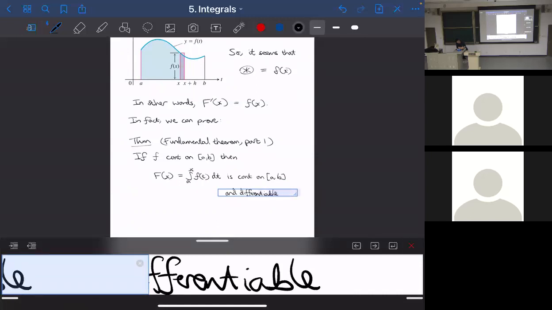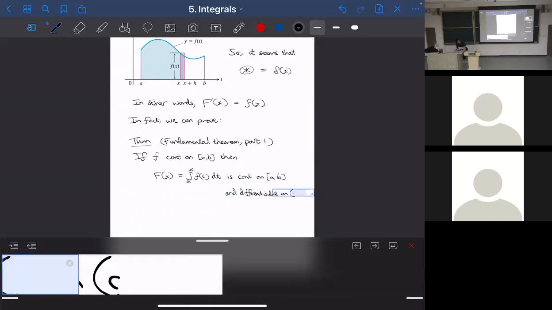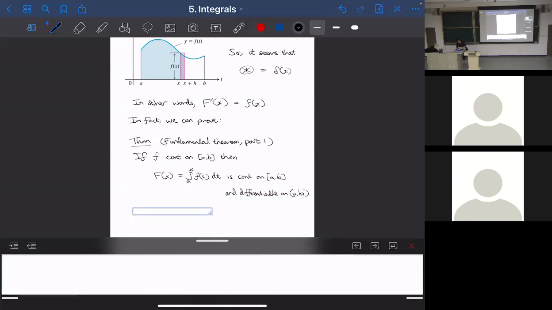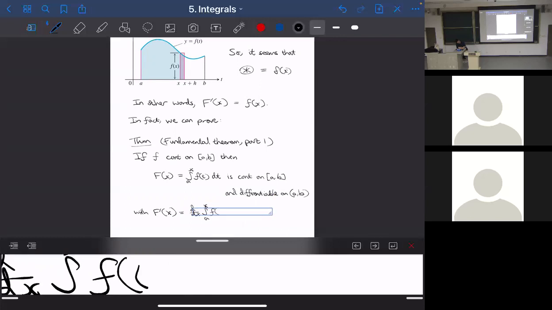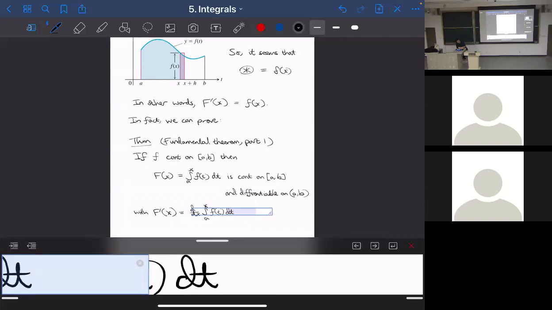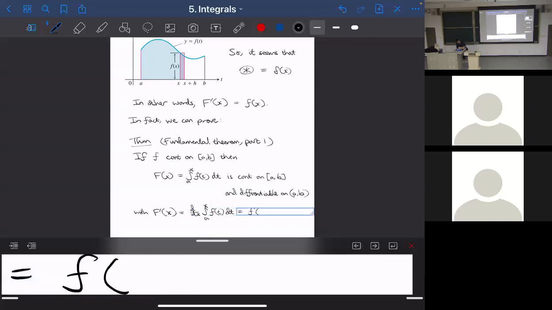I have to be a bit careful here. It's differentiable on the open interval (a, b) with F prime of x. So I can write that also as d by dx of this integral, so that derivative is f of x itself.